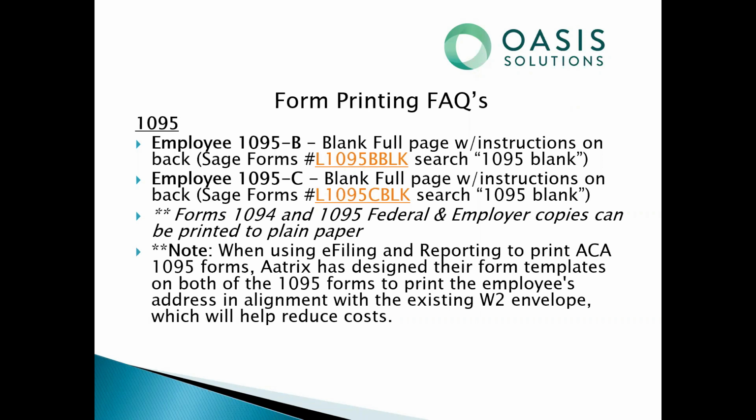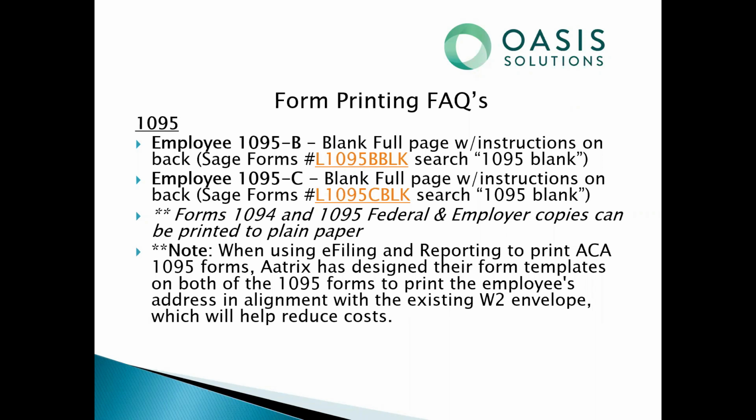The federal and employer copies can be printed to plain paper on the 1094 and 1095. And just as a note, if you are using Atrix e-filing and reporting to print your ACA 1095 forms, they did design their template on the 1095 forms so that you can use the same W-2 envelope that you use for your Atrix generated W-2s, the ones that are in the quad format, so that the employee name and address will align to those same envelopes.